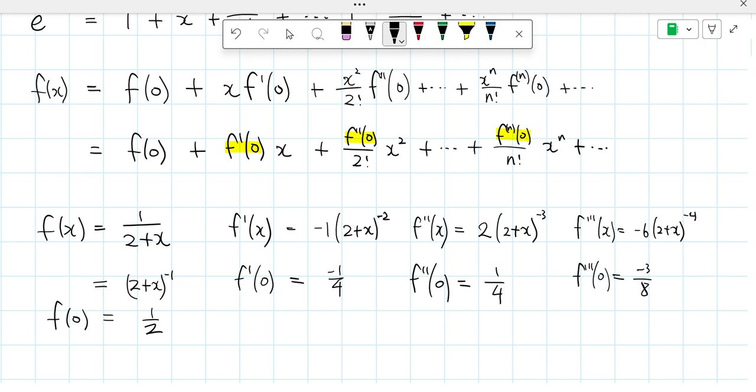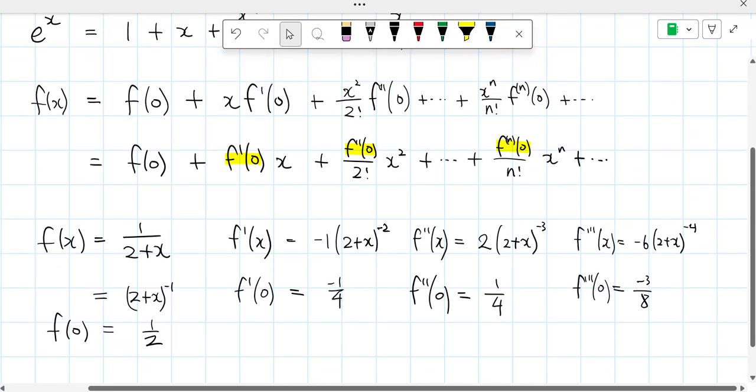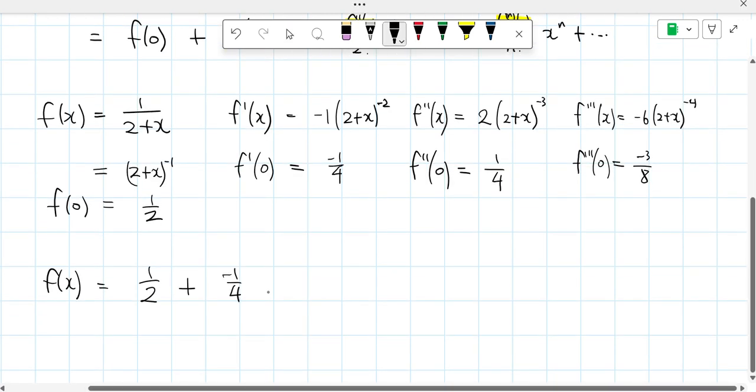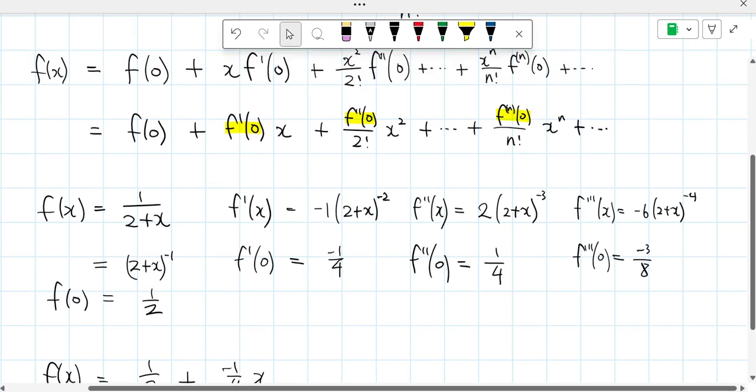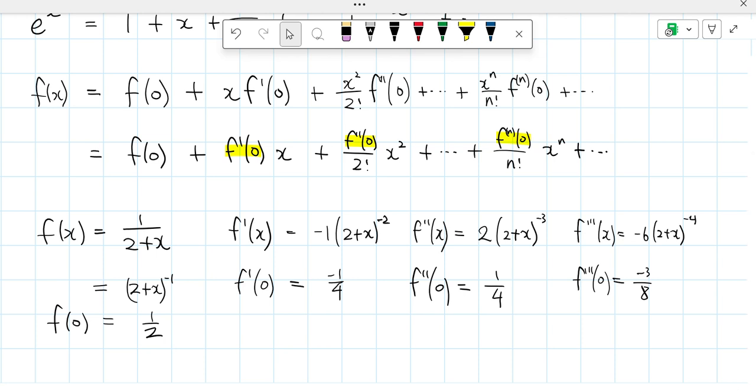Should we plug it into the formula? F of x is equal to f of 0, 1 over 2, plus x times f prime of 0. F prime of 0 is negative 1 over 4. So negative 1 over 4 x. F double prime of 0 is 1 over 4. 2 factorial is 2.